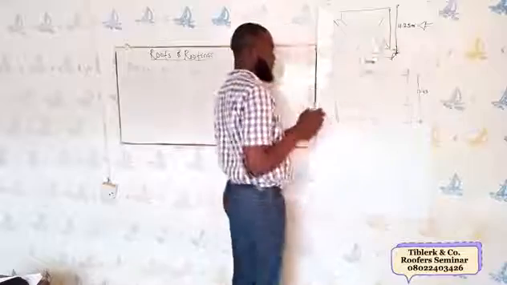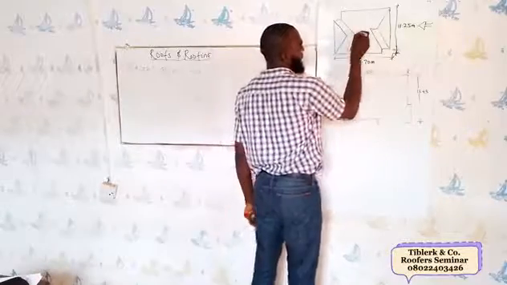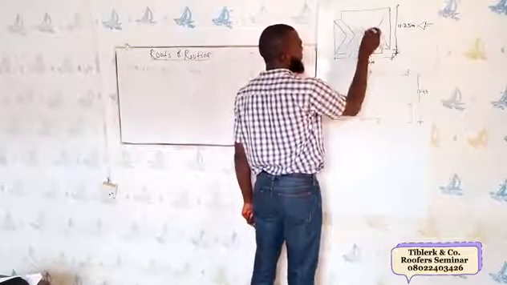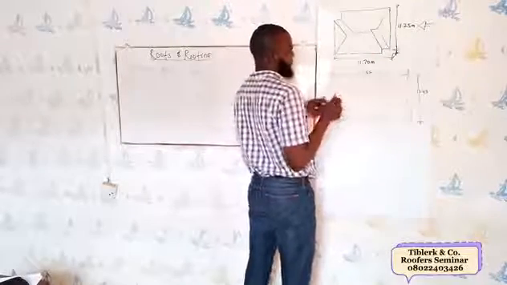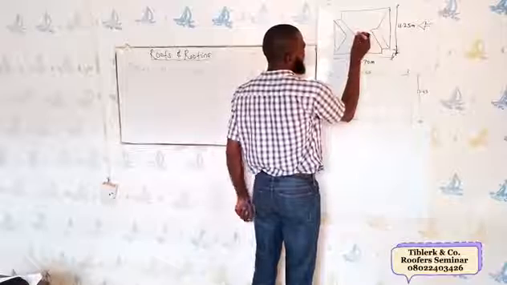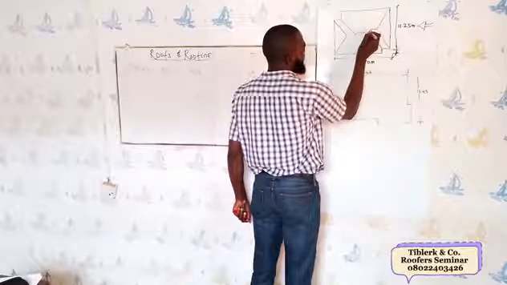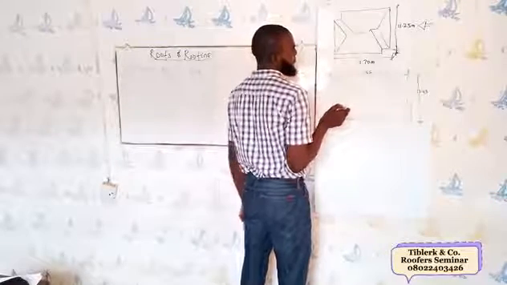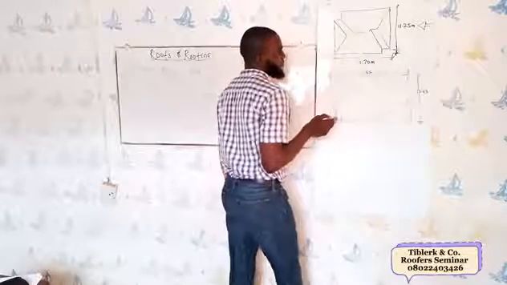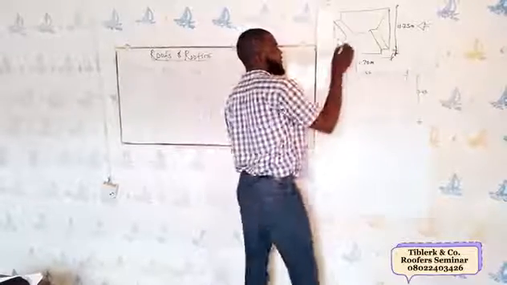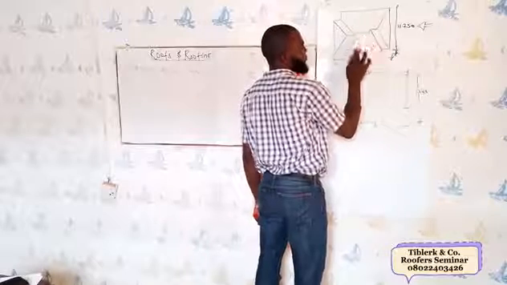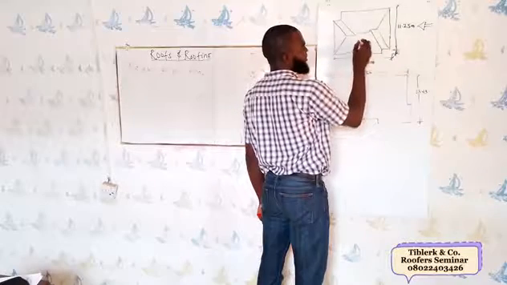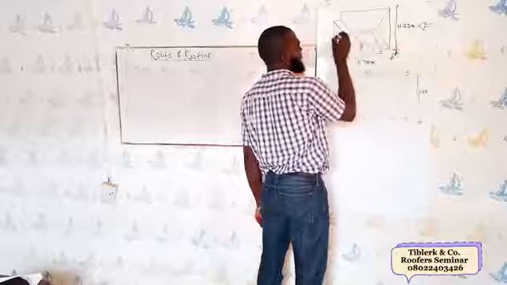Yeah, it will be something like this. Then this can go this way, and this as well. So in that case, our slope direction or the drain direction will be this way.